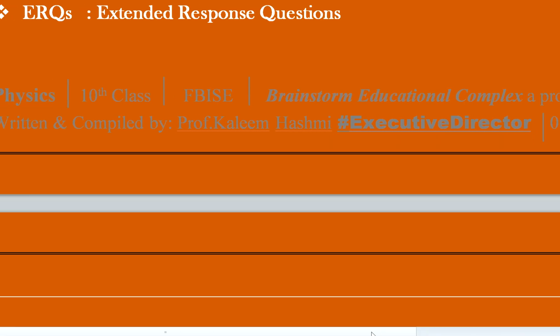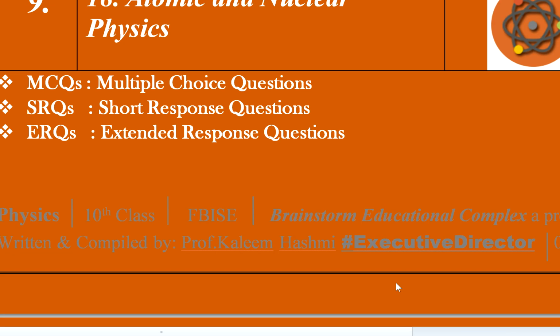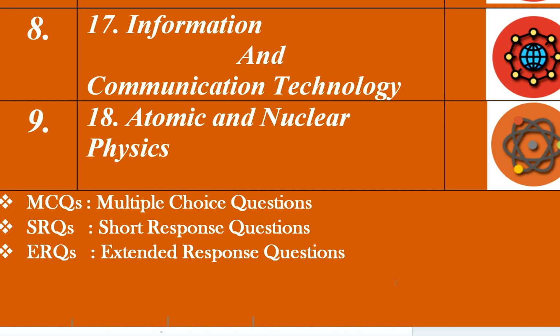These command terms are very important to understand, and the command terms, starting from first, are MCQs, that is multiple choice questions. Multiple choice questions are given with 4 options. You are well familiar with this. Today you will come across another acronym, that is SRQs.